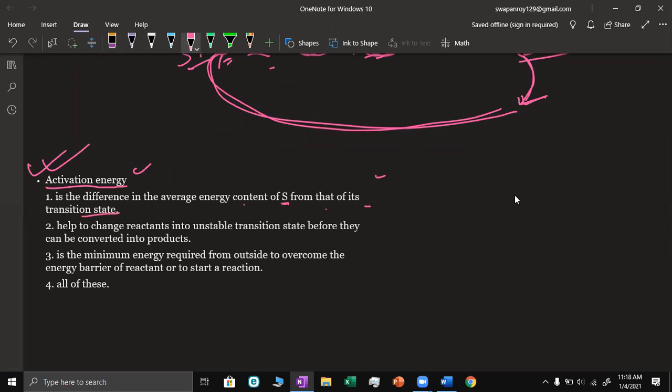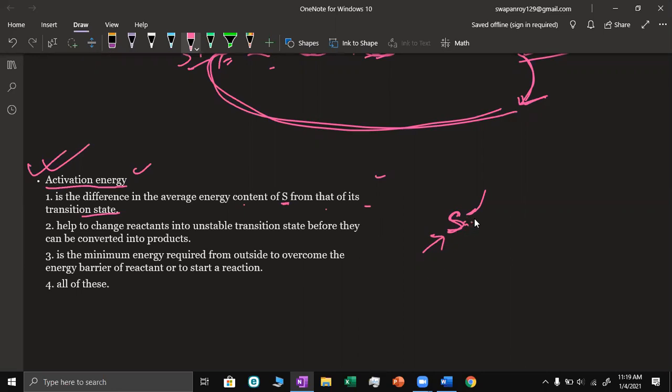The transition state is a short-lived, transient stage. There is the substrate and the enzyme, and there must be an increase in the energy level of the substrate.